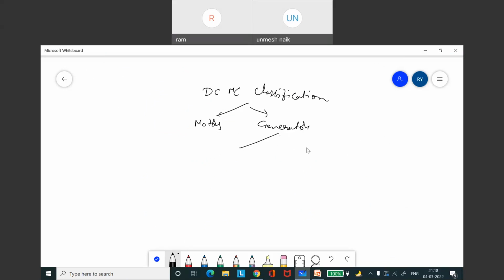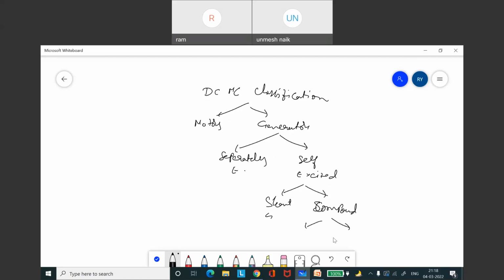These generators are further classified into two types: separately excited and self-excited. These self-excited generators are further classified into three types: shunt, series, and compound. Compound generators have two types: long shunt and short shunt.